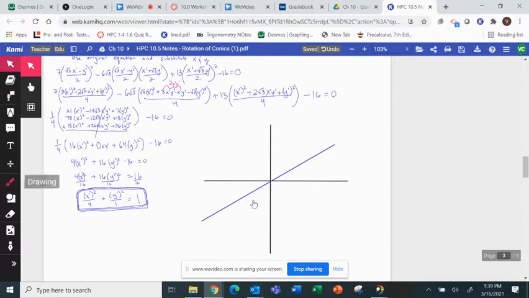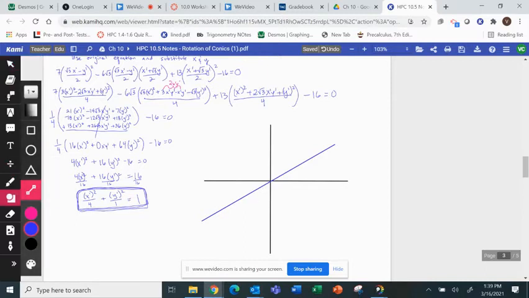I'm just trying to make mine look as accurate as I can for you guys. When I draw the next one, am I going to make it 30 degrees from the x-axis? Will that make rotated axes? Does that look correct? What's wrong about it? It's not 90 degrees. They have to be perpendicular.